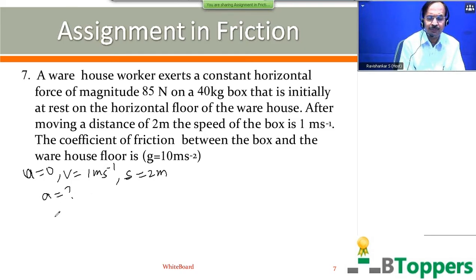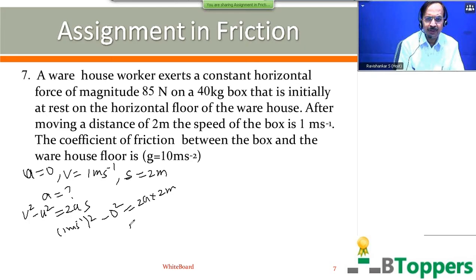You are not given the time of motion and not asked to calculate it, so we choose the equation without time, that is v square minus u square equal to 2 a s. The final velocity is 1 meter per second, the initial velocity is 0, and the displacement s is 2 meters. So the magnitude of the acceleration you get is 1 by 4 meter per second square.